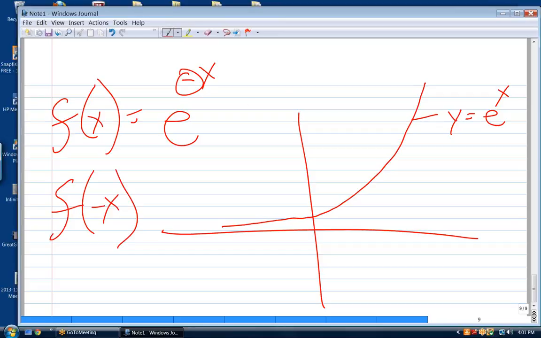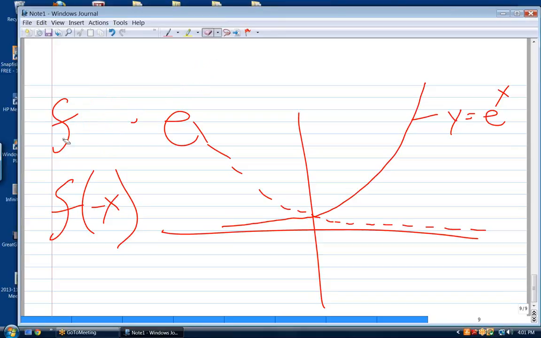And if my function was originally e to the x, and I said, what is f of minus x, it would be e to the minus x. And that's going to look like that.